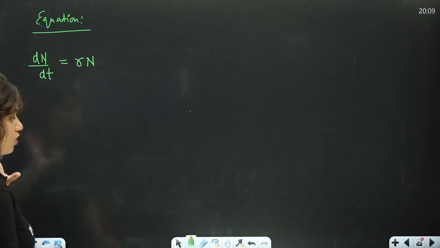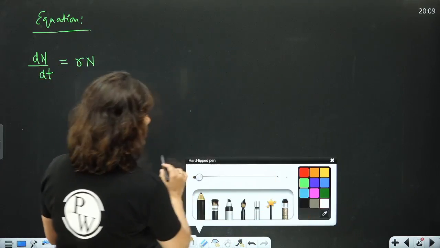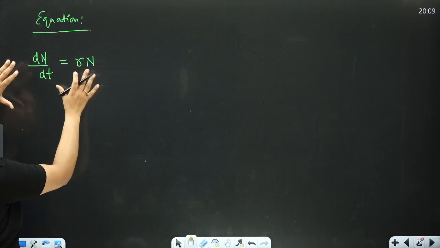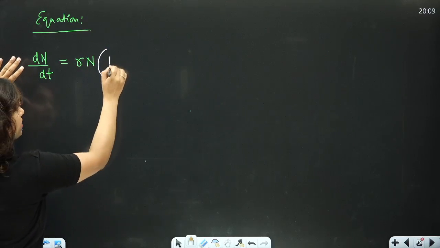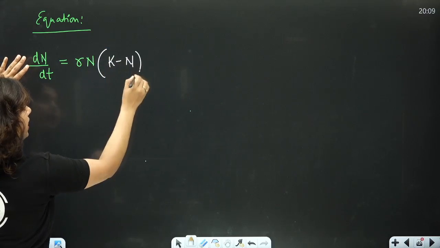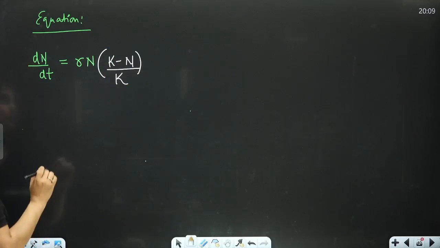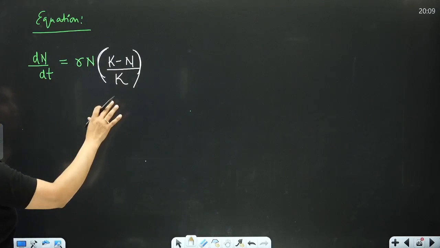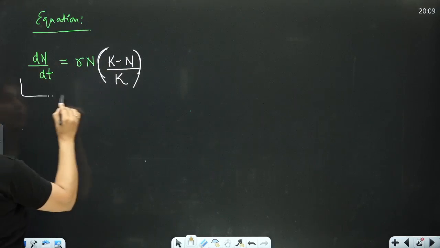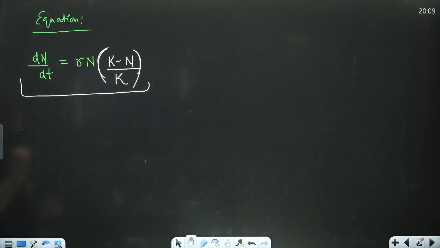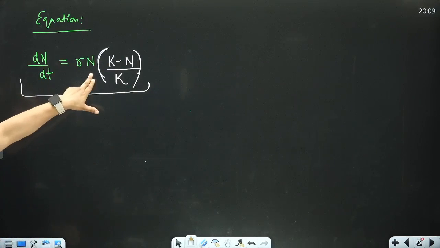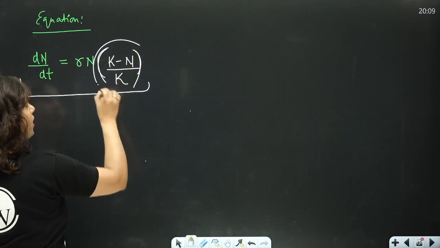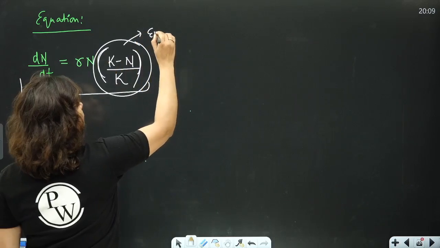It was the equation of geometric growth, which was representing growth under unlimited resources. But now I have to add one more thing, and that is environmental resistance, K minus N upon K. So if I add environmental resistance in the formula of geometric growth, it will become the equation of the logistic growth curve. So dN by dt is equal to RN (K minus N upon K), and this K minus N upon K is environmental resistance.